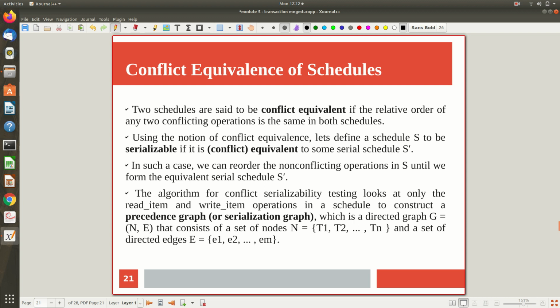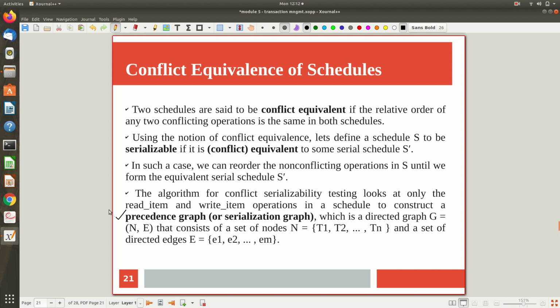And for doing this conflict equivalence checking, we typically draw a graph called a precedence graph or a serialization graph, by which we are going to convert our non-serial schedule to an equivalent serial schedule. Convert in the sense that, for our understanding as well as analysis, we are converting, and we will verify that this non-serial schedule is valid and you can allow it, so that the database will allow such schedules.